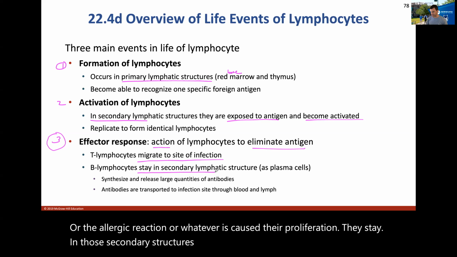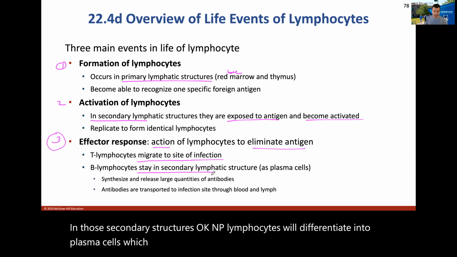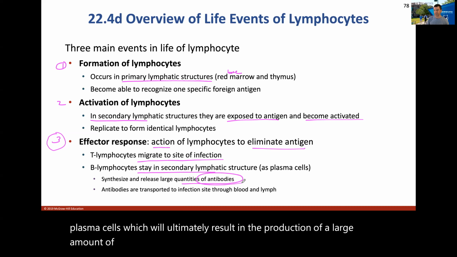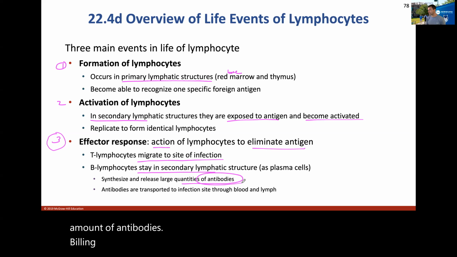B lymphocytes will differentiate into plasma cells, which will ultimately result in the production of a large amount of antibodies. B lymphocytes become plasma cells become antibodies.